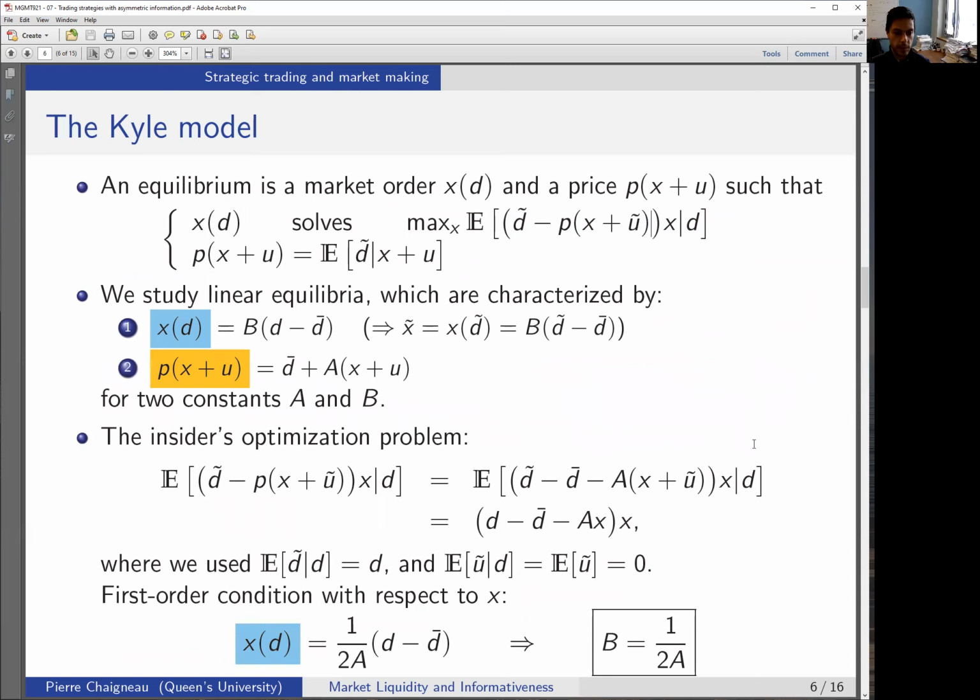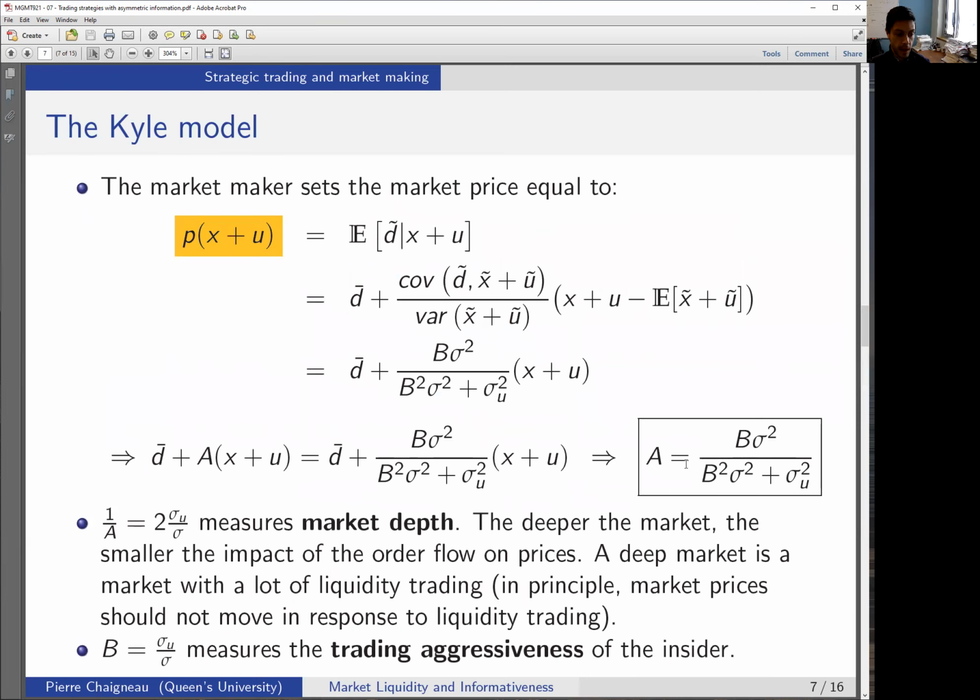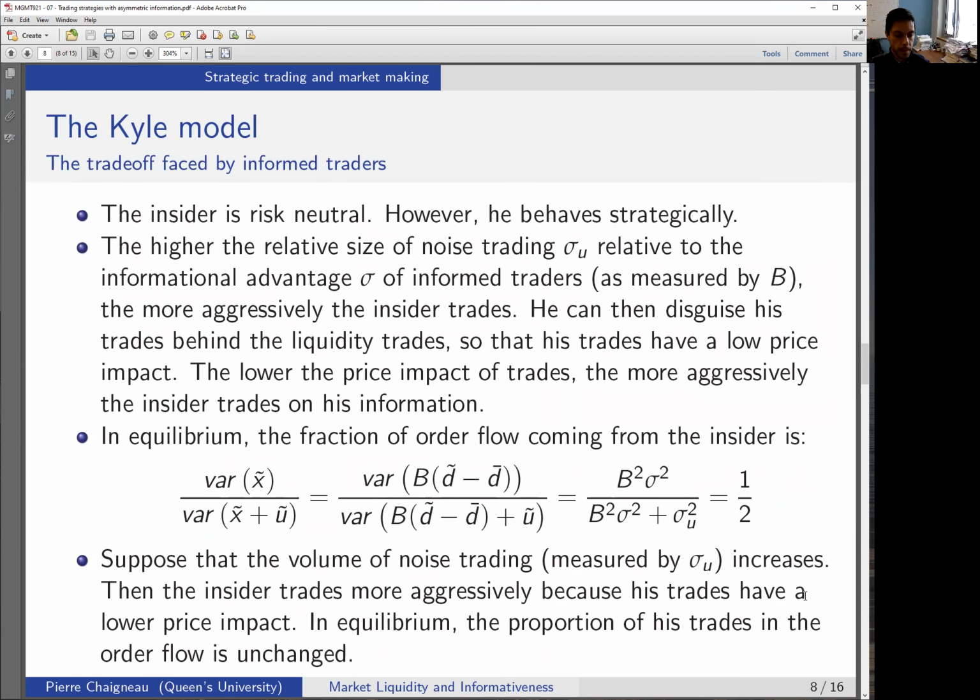Okay, so it all depends on market depth. And market depth in turn depends on the amount of noise trading and on the informational advantage of the insider. Okay, so that's pretty interesting.